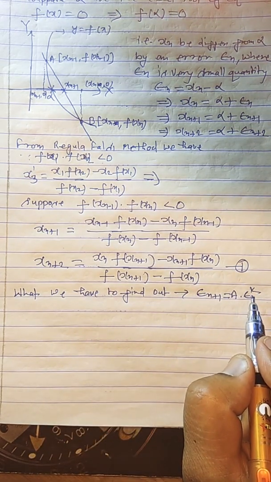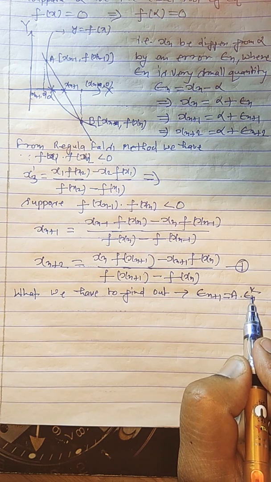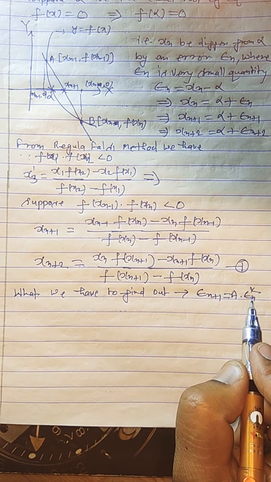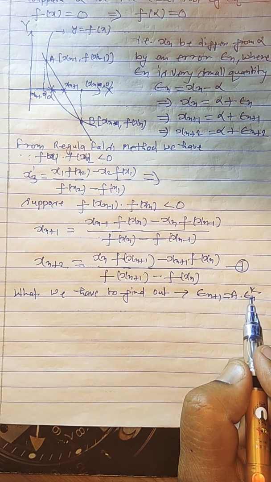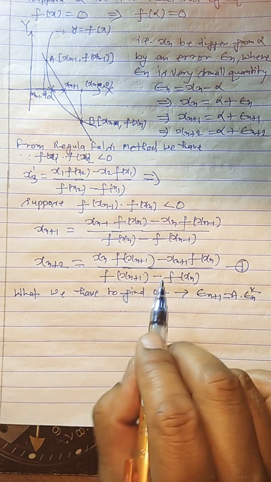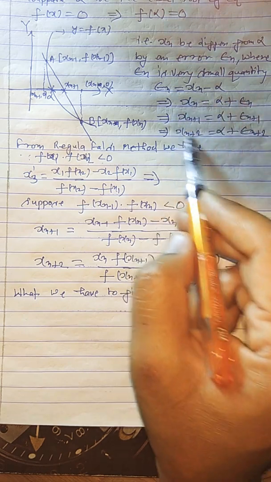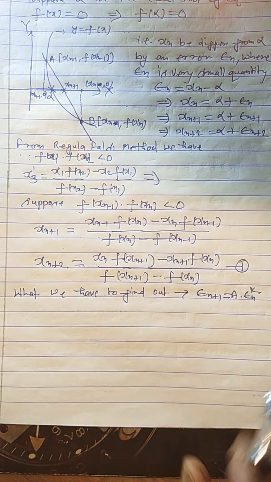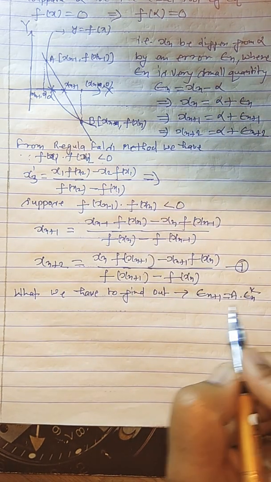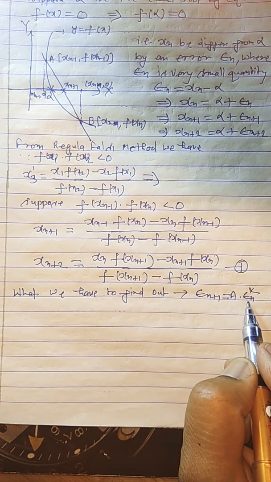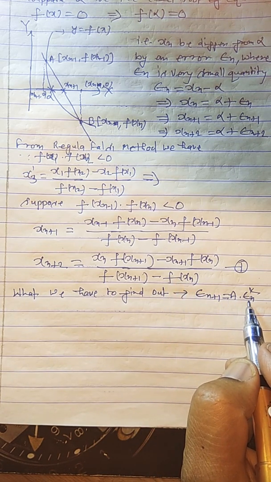Actually we have to find the rate of convergence, where k is the rate of convergence. We try to convert equation 1 with the help of these substitutions into this form, so that by comparing these two we can find the value of k.